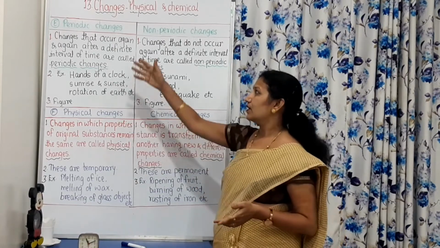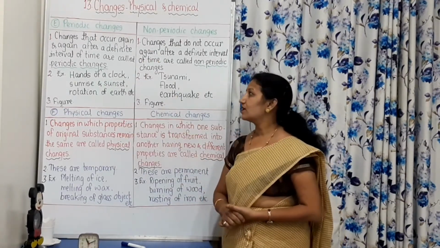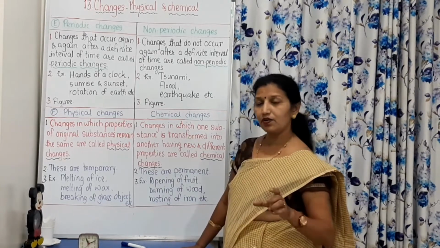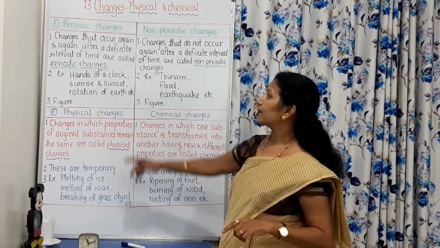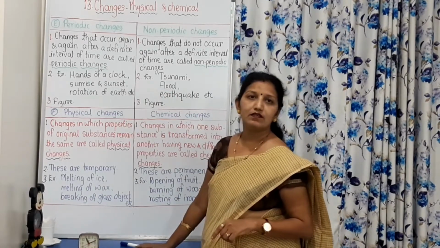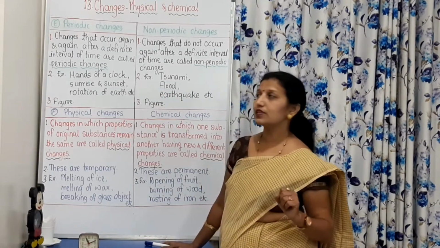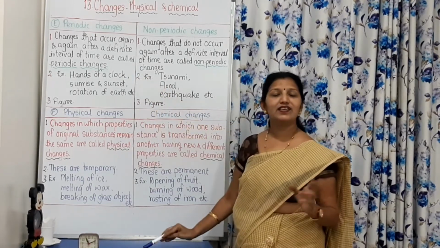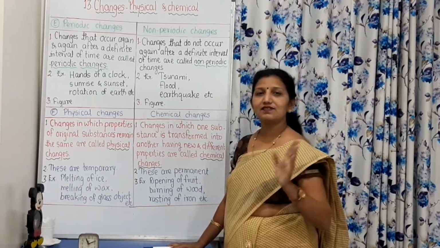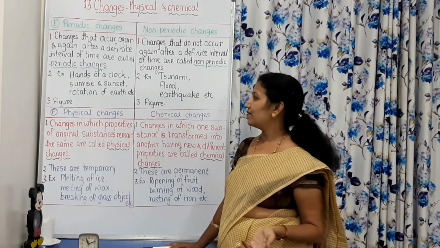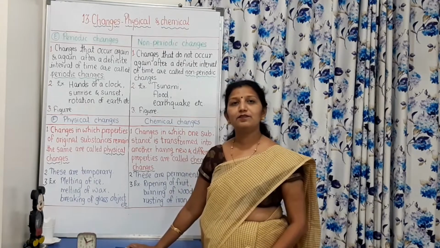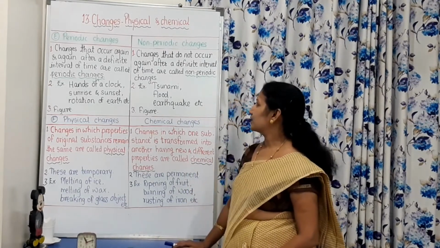In this way, periodic changes occur after a definite interval of time, and that's why this is a very important change, and because of that we can see day as well as night, everything.